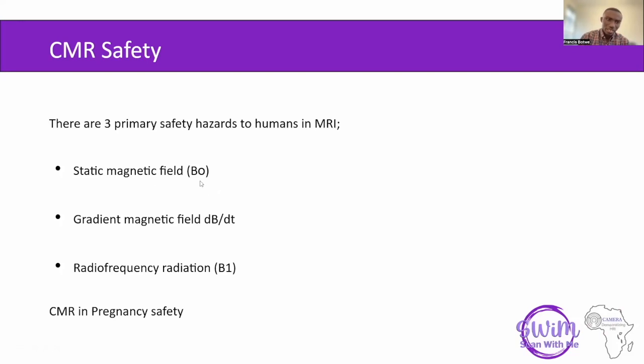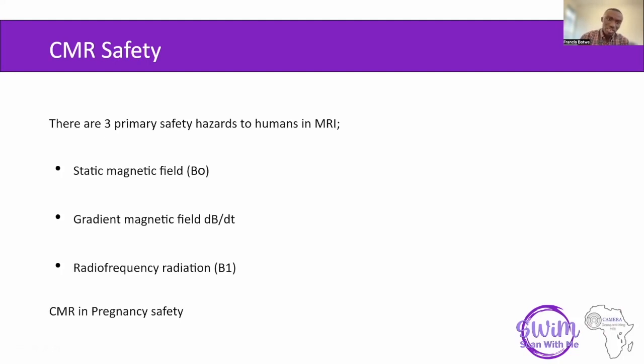The static magnetic field, which is normally produced by the strong magnets, has a projectile effect, which means if there's any ferromagnetic substance and you bring it into the room, it can cause injuries or even result in death to anybody in the room.